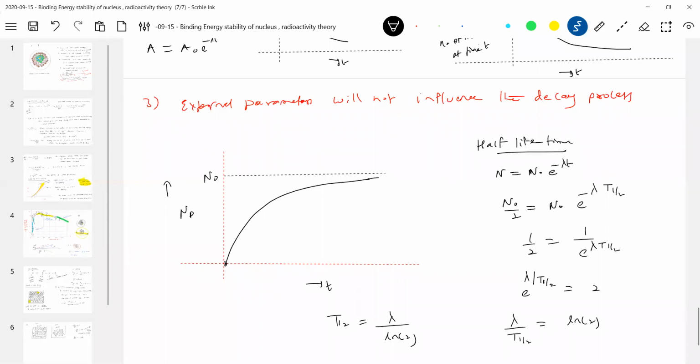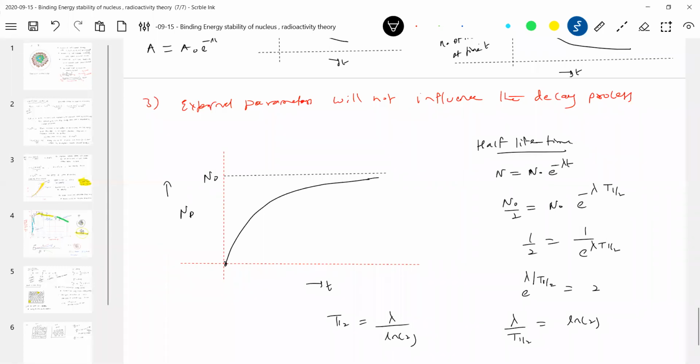That is the time taken for the number to become half of the initial value. Let me check the calculation. 1 by 2 is equal to 1 by e to the power of lambda T half, so e to the power of lambda T half is equal to 2.